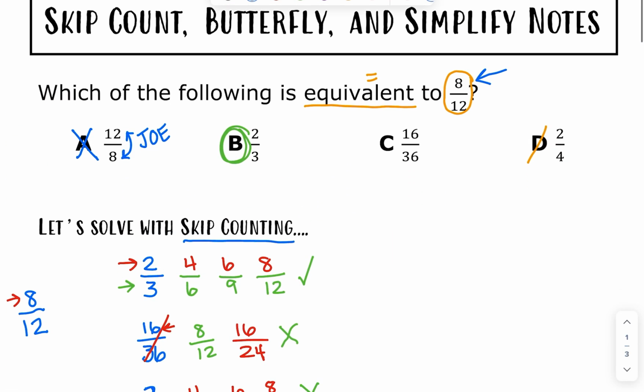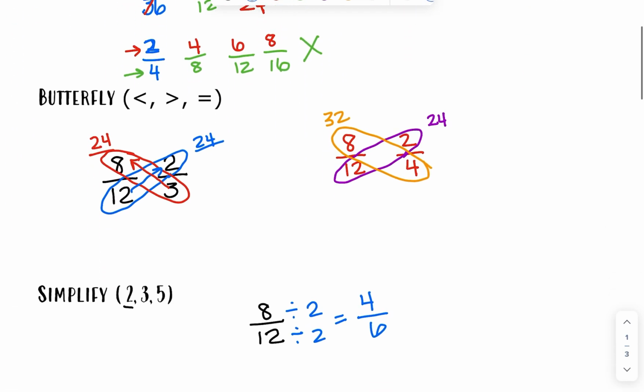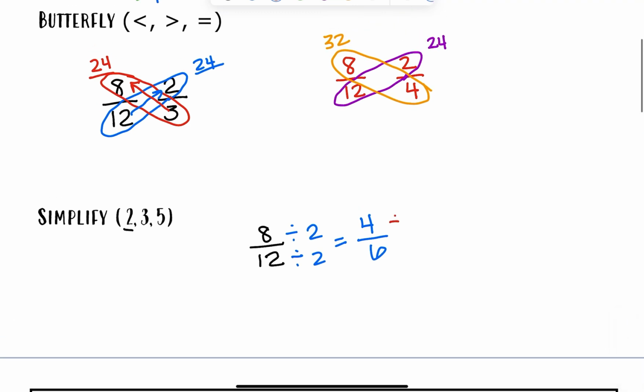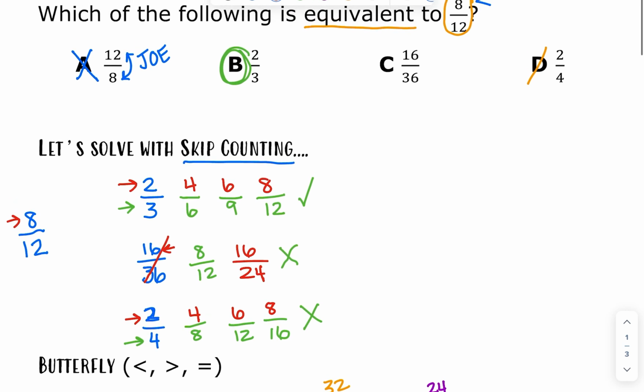If we go back up to the top, that's not an answer choice, so we would have to simplify again. So divide by 2 again. 4 divided by 2 is 2, and 6 divided by 2 is 3. So finally, 2/3 is our answer.